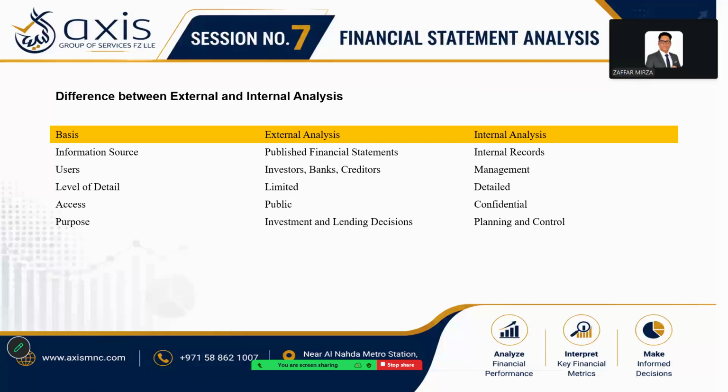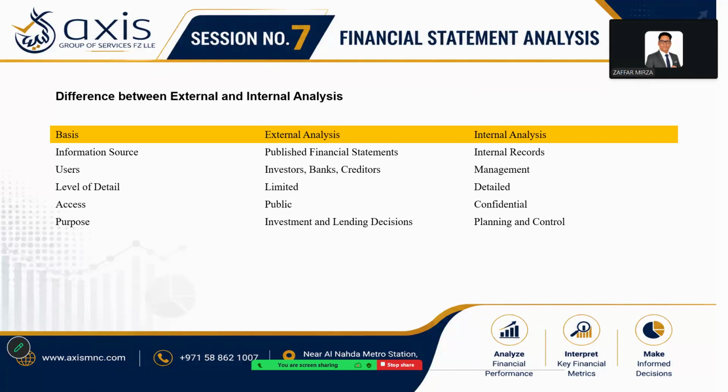Differences between external and internal analysis. Basis: information source. External analysis uses published financial statements, put in the newspaper. Internal analysis uses internal records. Users: in external analysis, investors, banks and creditors; in internal analysis, management is the user.